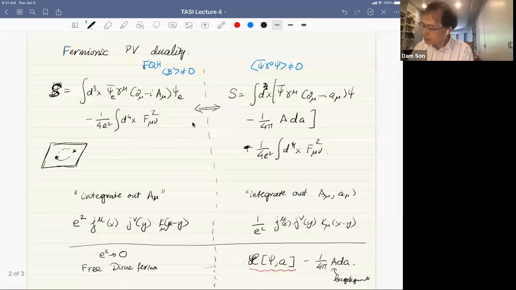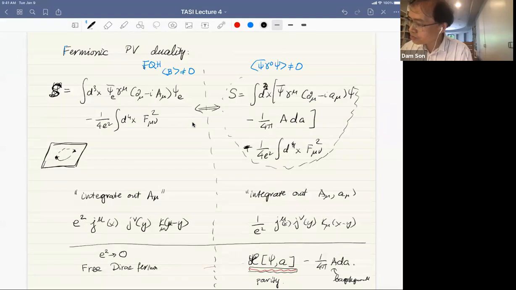So when we write this theory, we pretend that it has parity. So what does it mean, this theory? Before taking e to infinity, how do we define the coupling of a single two-component fermion to a gauge field A mu?